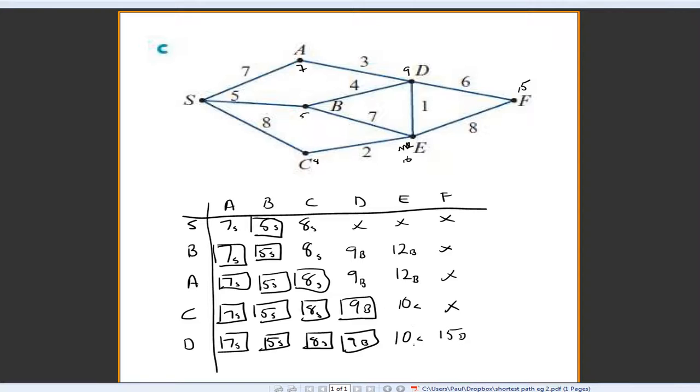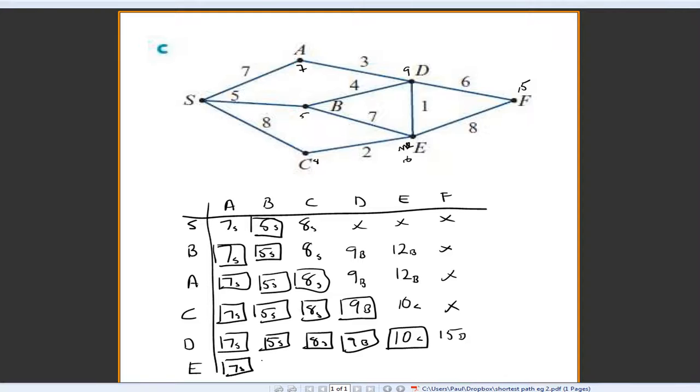Alright, I look through my list now down here and I've got a 10 and a 15. So let's box up E. E becomes the center of attention.